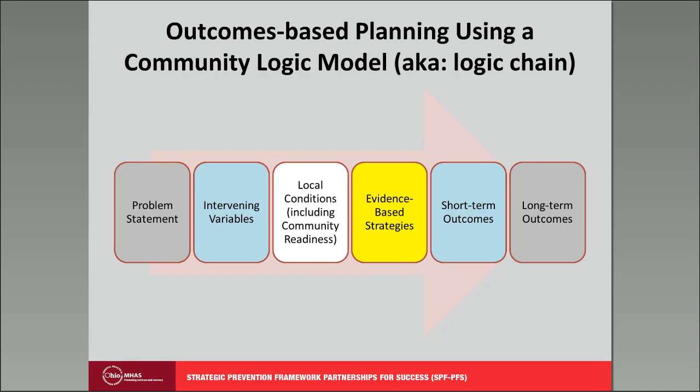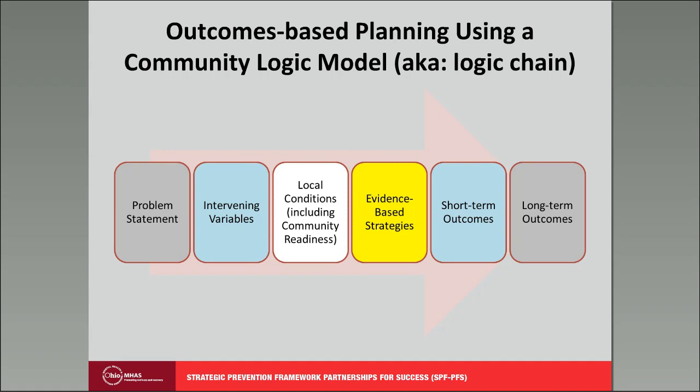The trick with outcomes-based planning is we take a problem statement and we have to figure out why is that problem manifesting itself in our community. So that one step in is our intervening variables. Because if we know that we have high parental approval for underage drinking, for example, because people have done it before, kids have been drinking for the end of time, and we actually don't see a lot of disapproval, that could be leading to the outcome of underage drinking.